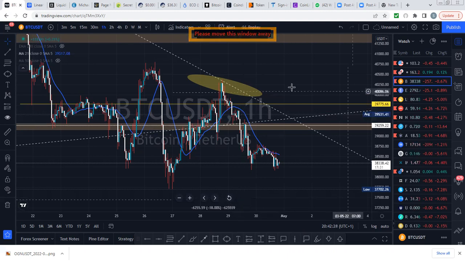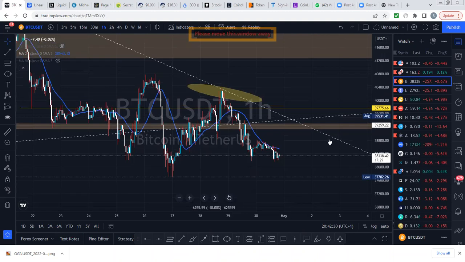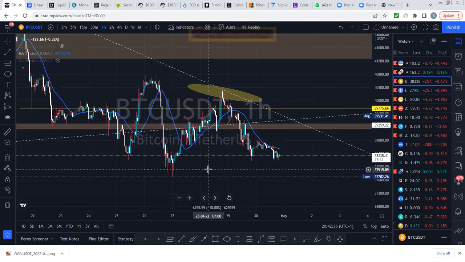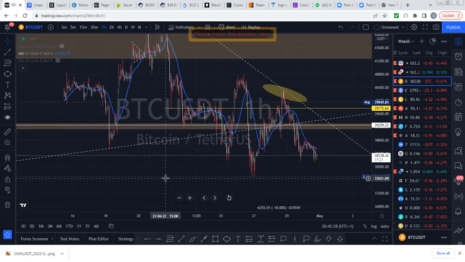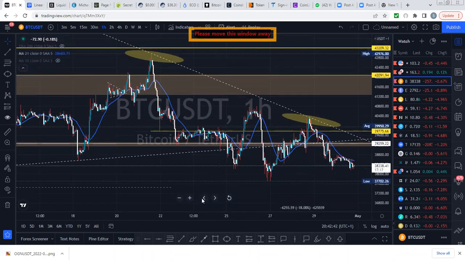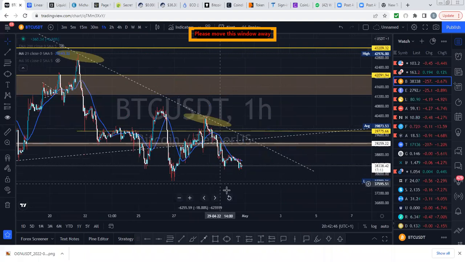So here now, since it follows price closely, the lagging time won't be that much. It won't be that much because it follows price candle to candle.